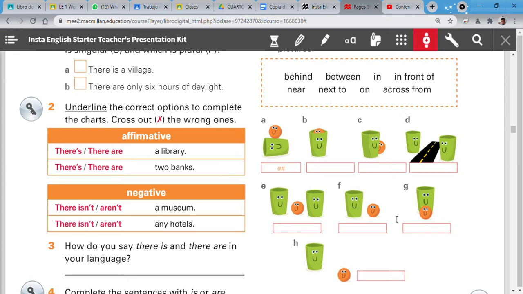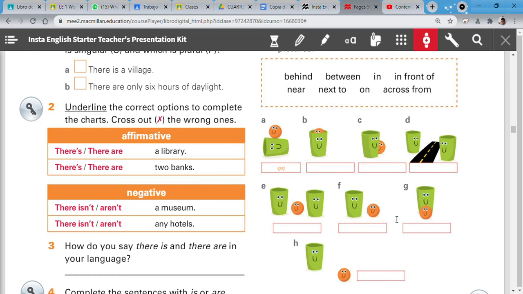Letter E. There are 2 glasses and in the middle there is the ball. Between. The ball is between the glasses. Now, there is a glass and there is a ball. The glass is next to the ball. Now there is a glass and the ball is in front of.